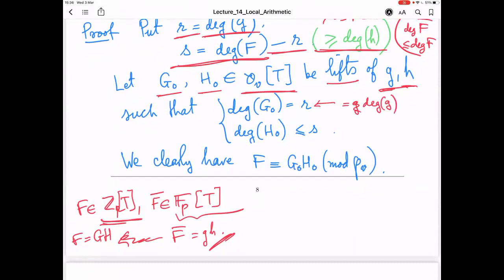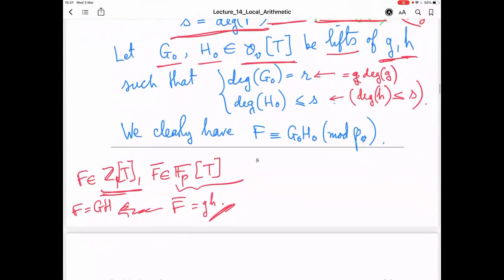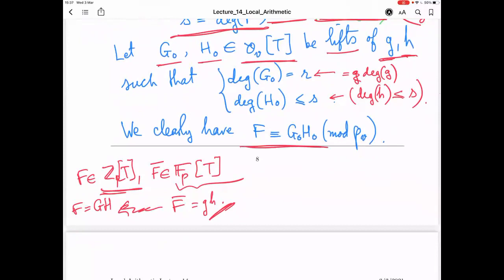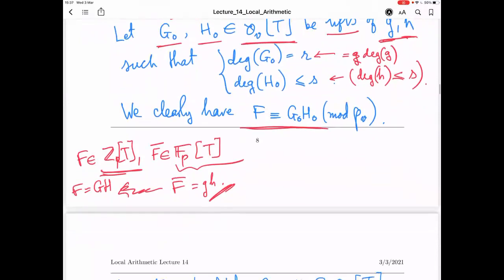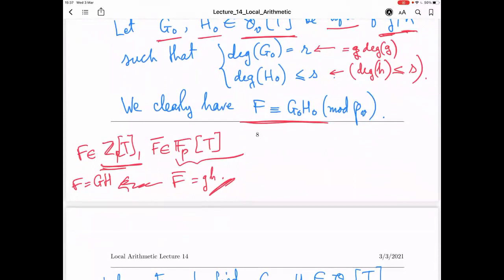And the degree of H naught should be less than S. And we know that the degree of H is less than S. And we clearly have F congruent to G naught times H naught modulo PV.